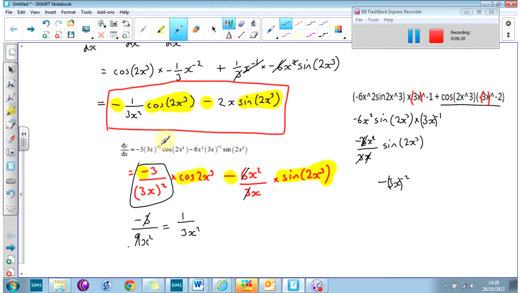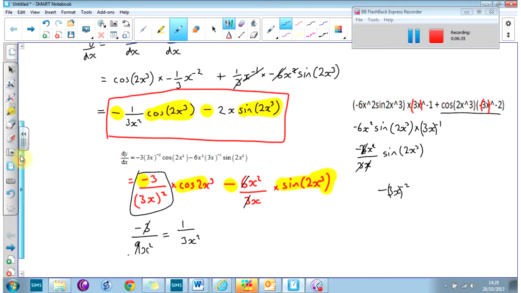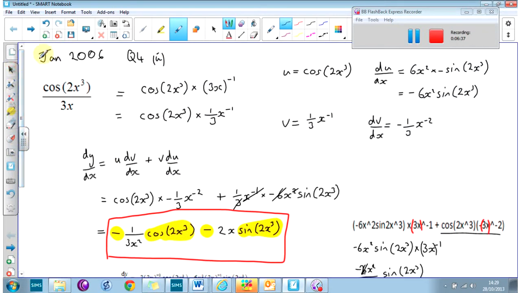Notice they put brackets in the exam solution answers, so in the cos 2x to the power of 3. So I think it's fair to say that overall lots of correct stuff, but a bit of misconception here potentially, depending on whether you meant the minus 1 to be applying to the 3 or not. Just to take you back up here, the minus 1 here definitely applies to the 3, which is why the 3 turns into a third in terms of it being a constant. Hope that was helpful.